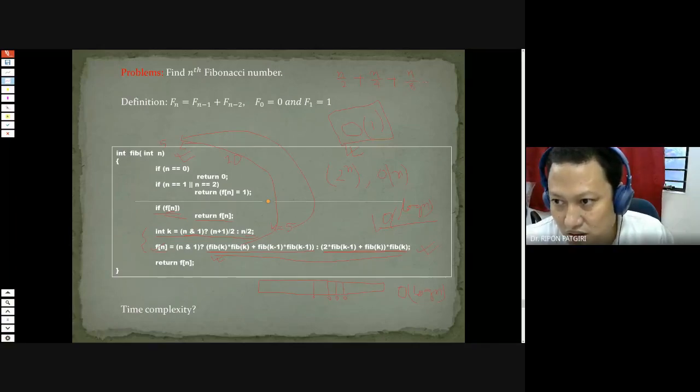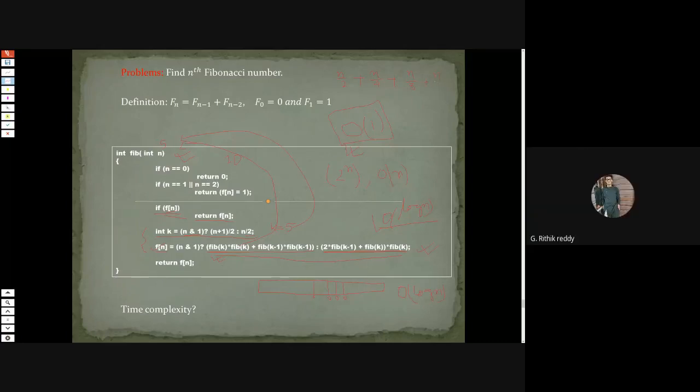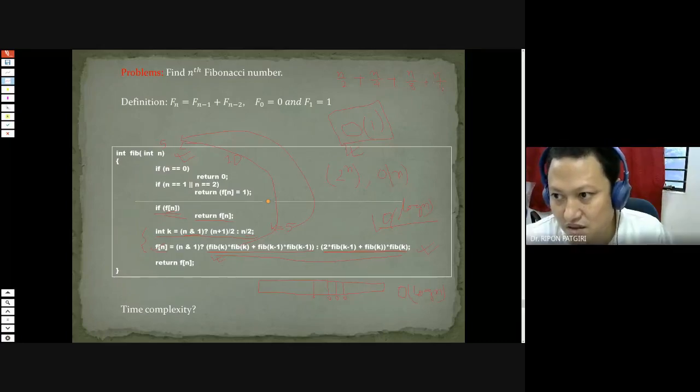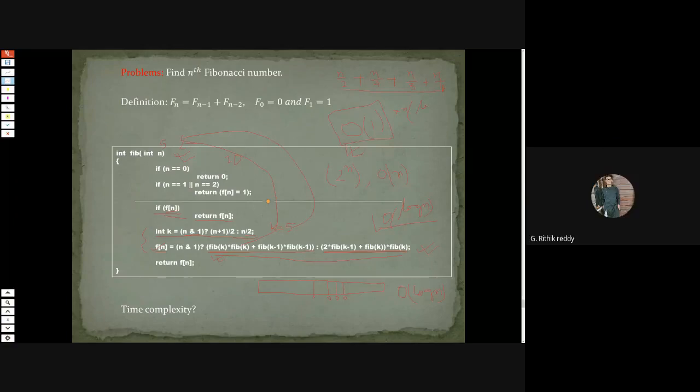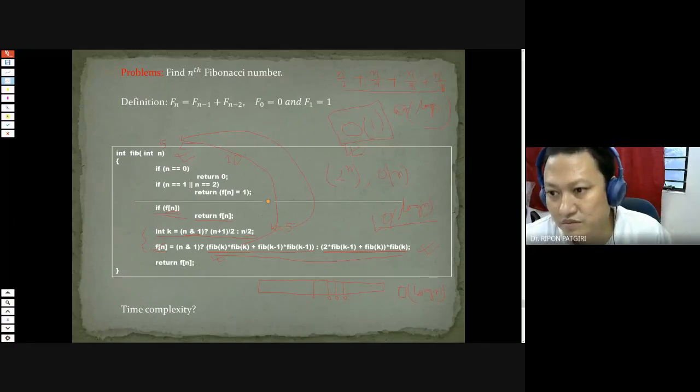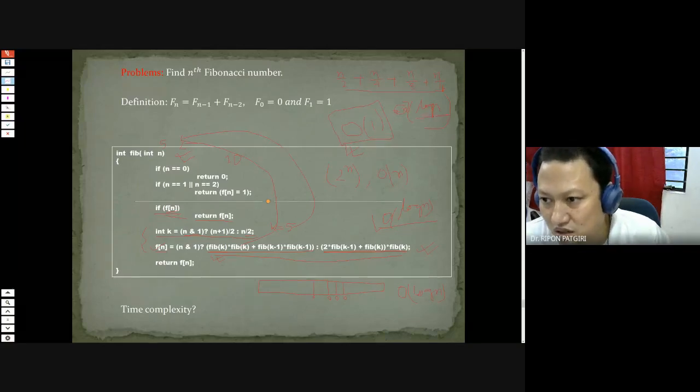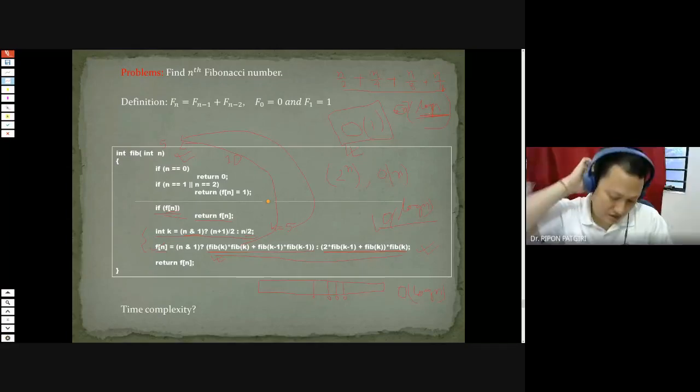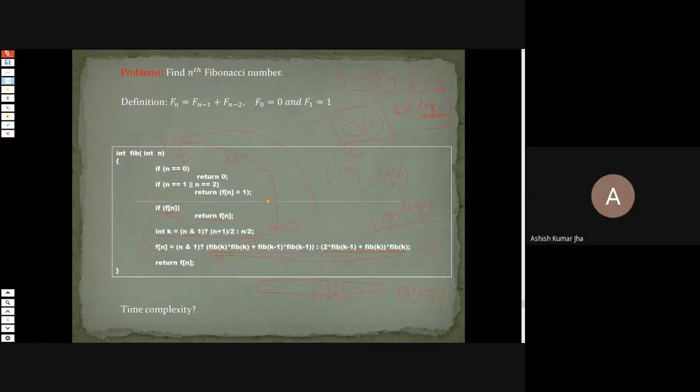Then n by 16, and so on. So what is the time complexity? It is log n. Okay, got it.